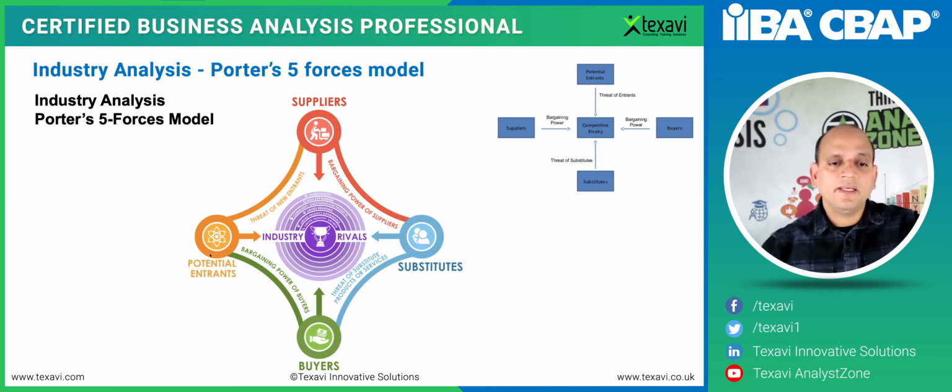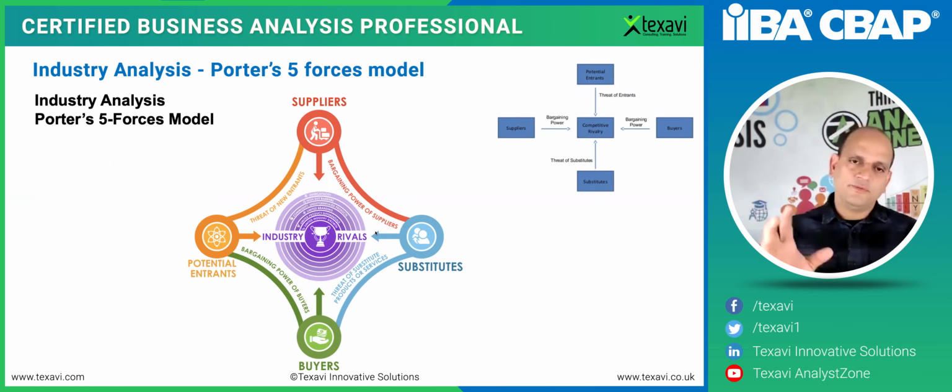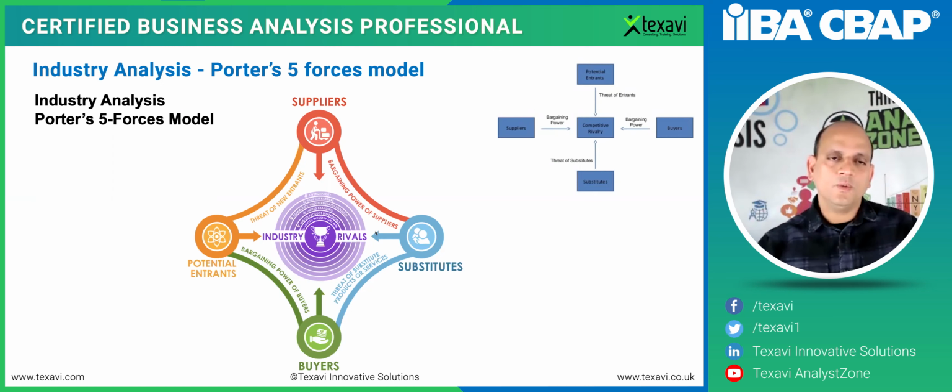Potential entrants is basically your entry barriers. That means you're trying to either increase or reduce the barriers to entry. Buyers, this is how the buyers would perceive your offering. And then this is the supplier side. And also the fact that you've got the competitors or industry rivals here. So you can try and work out which one is either high or low, and ultimately what's the attractiveness of the market.